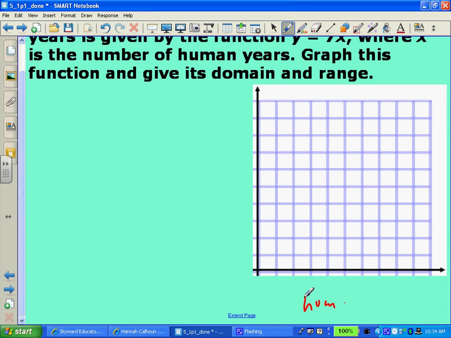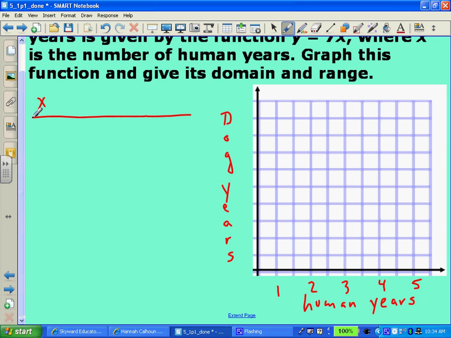So x is human years, so I'm going to put that on the x-axis, and y is dog years. Alright, so let's just start 1, 2, 3, 4, 5.